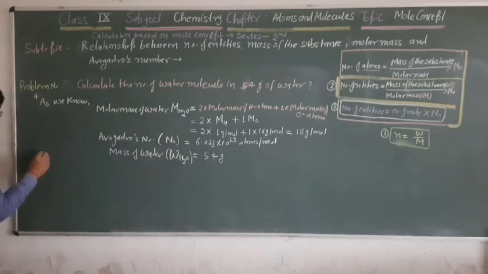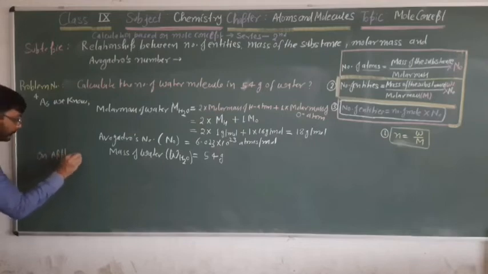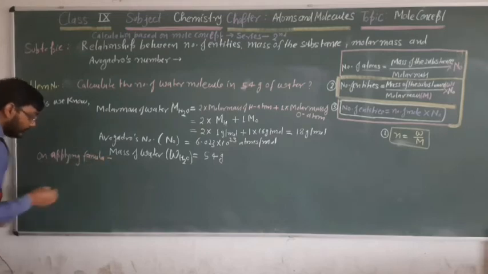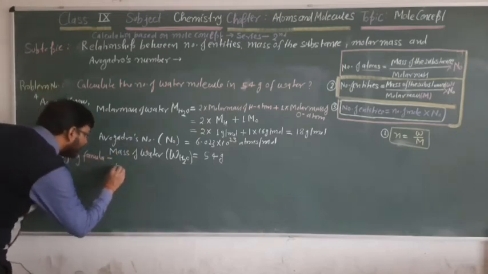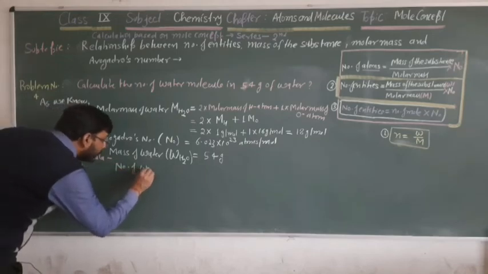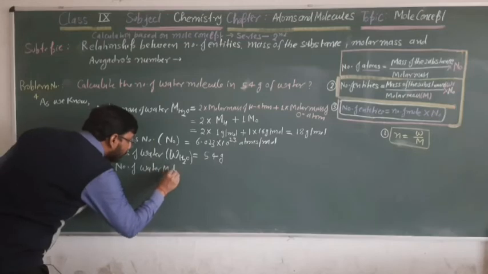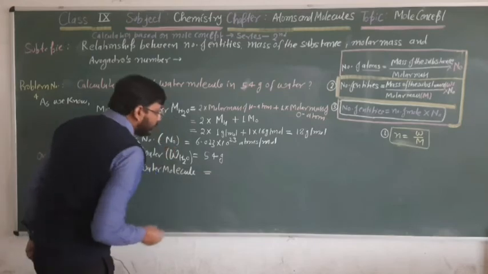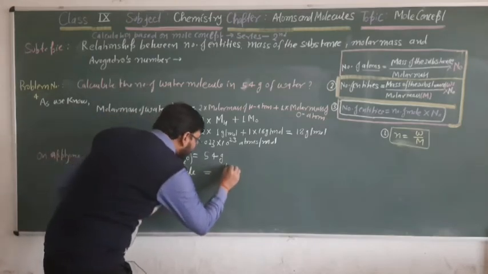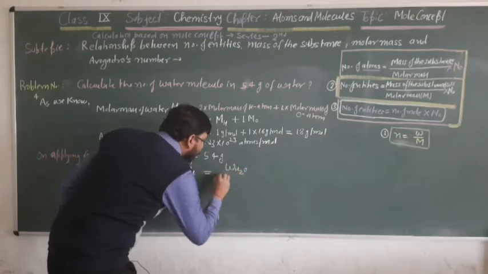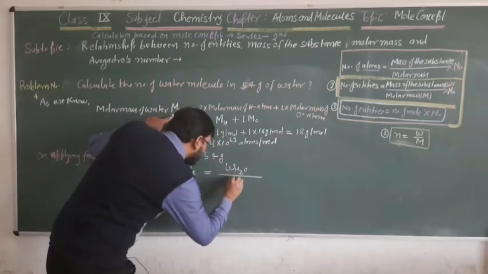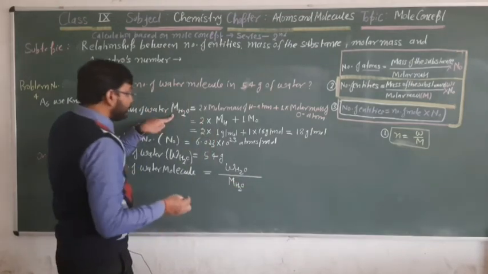Now apply the formula. On applying the formula, the formula is: number of water molecules is equal to mass of water, we can directly write W H2O, divided by molar mass of water, you can write M H2O.